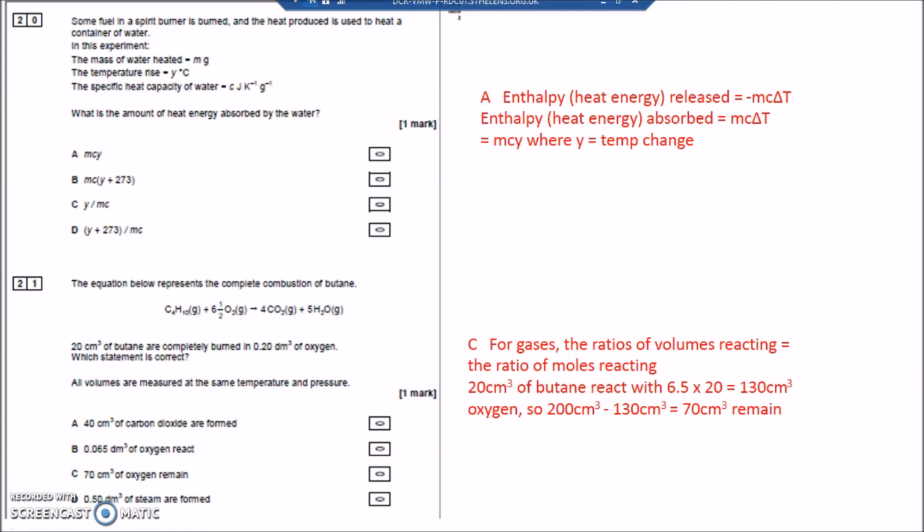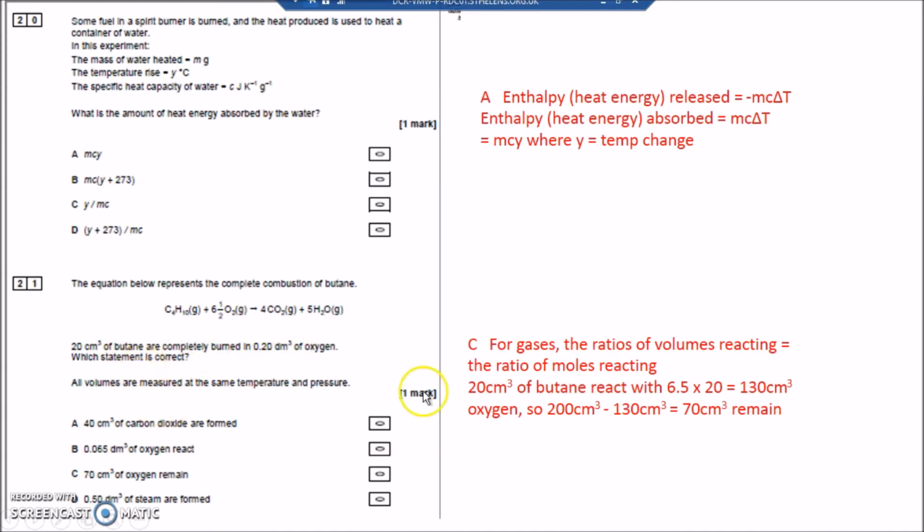So you can turn ratios of moles reacting into ratios of volumes reacting. So I could say that 1 to 6.5 makes 4 and makes 5. I could talk about moles, or I could talk about volumes in terms of ratios reacting here, as long as they're all gases.